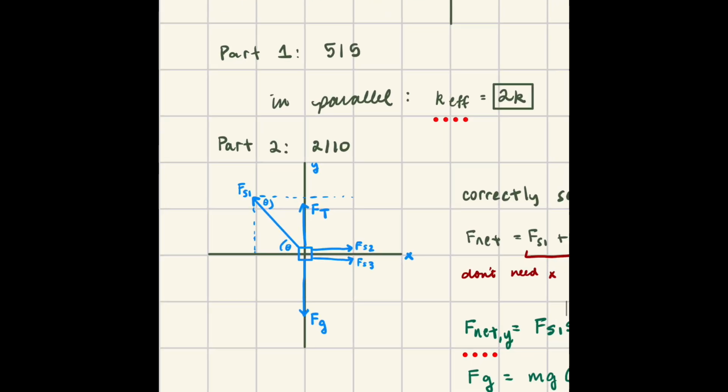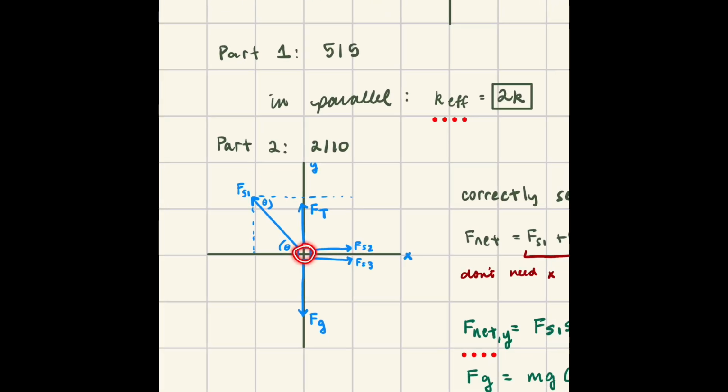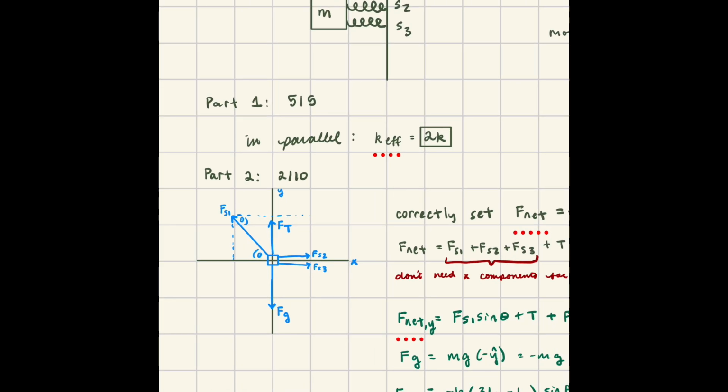So here's my free body diagram, where here's the mass, here's the force of tension, this is gravity, this is F of S1, where it's given that this is theta. Because this is theta, this is also theta, because I don't know the name of the theorem, but it is. And then these are the two springs, which could also just be put as one force, but I just drew them both.